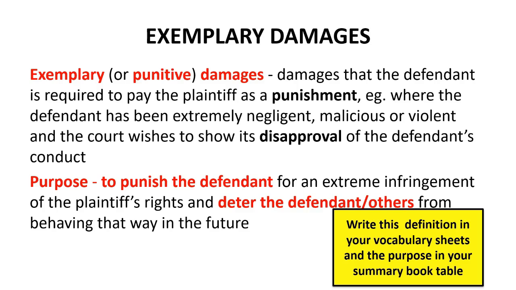Exemplary damages are very different from compensatory damages because these damages are on top of the compensatory damages that compensate the plaintiff for their losses. That is, exemplary damages are not intended to compensate the plaintiff. Instead, as I've said, the purpose of exemplary damages is to punish the defendant, not compensate the plaintiff, and to deter both the defendant and others from behaving in a similar way in the future.